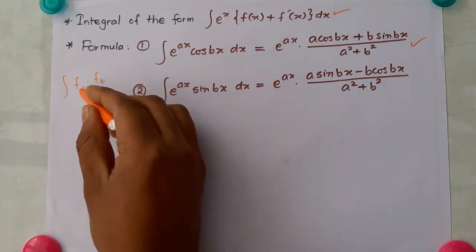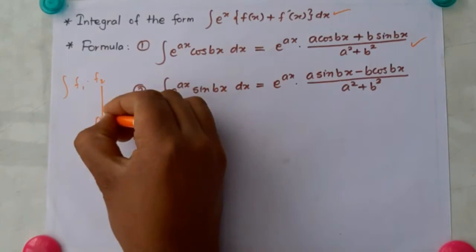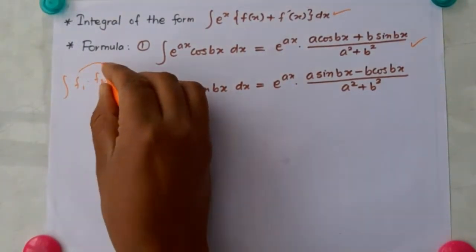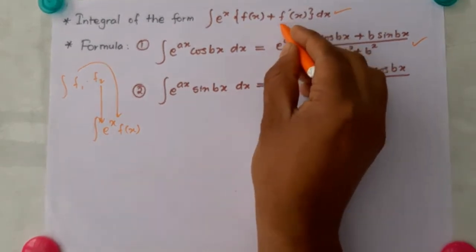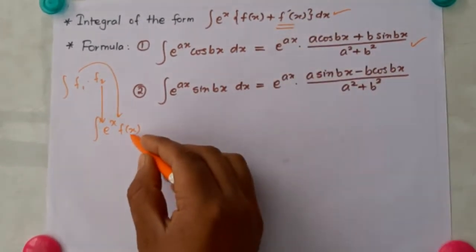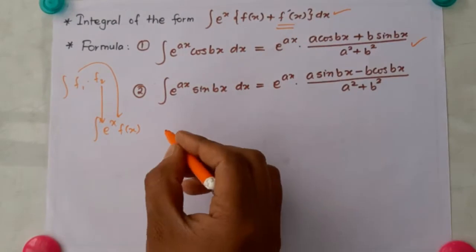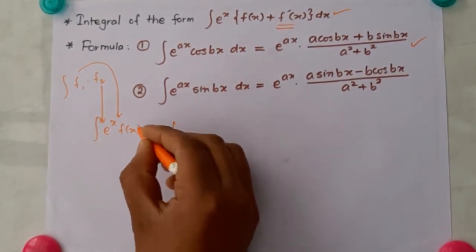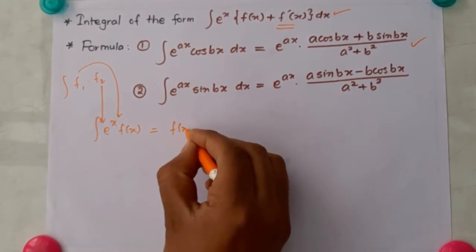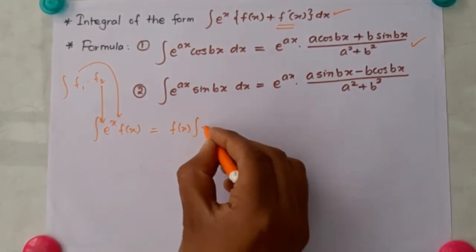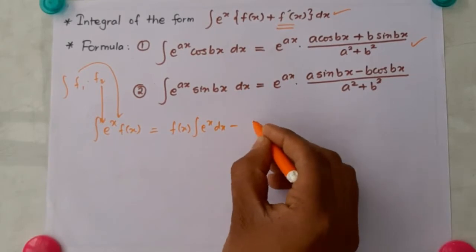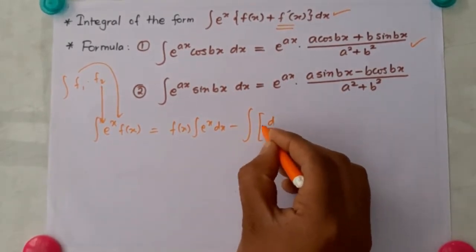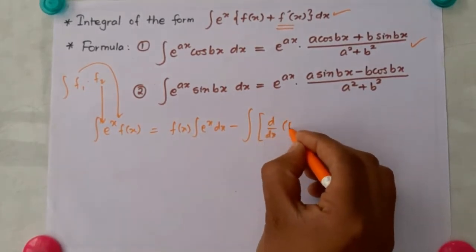So I'm going to consider e to the power x as f2 and f(x) as f1, because you have f dash, that is, you have differentiated f here. So in that case we get, see here carefully, f(x) will remain as it is. We need to integrate e to the power x dx, minus the integral of d by dx of f(x).